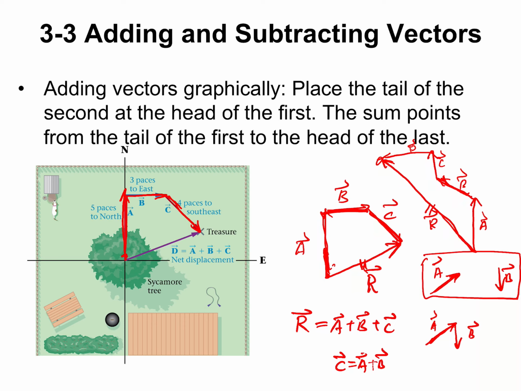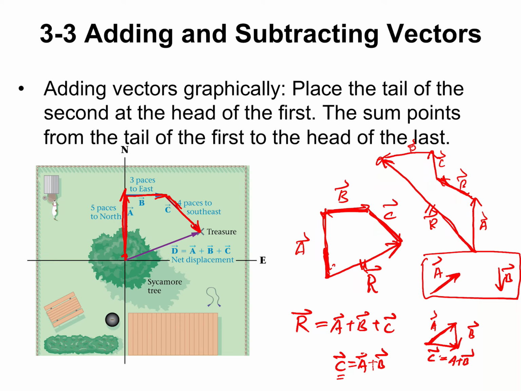The resultant vector, or the sum of those two vectors, is from the tail of the first vector to the end tip of the last vector. This vector is C equal to A plus B.